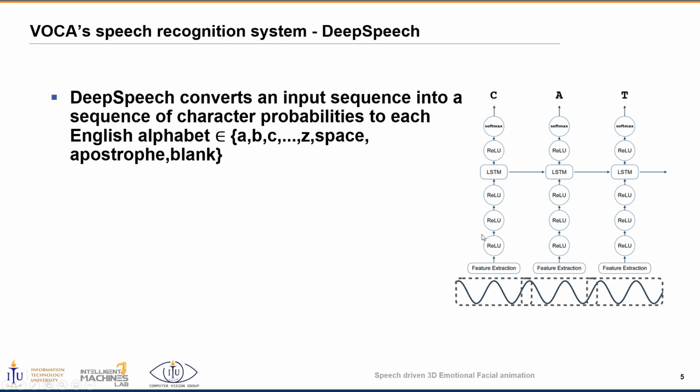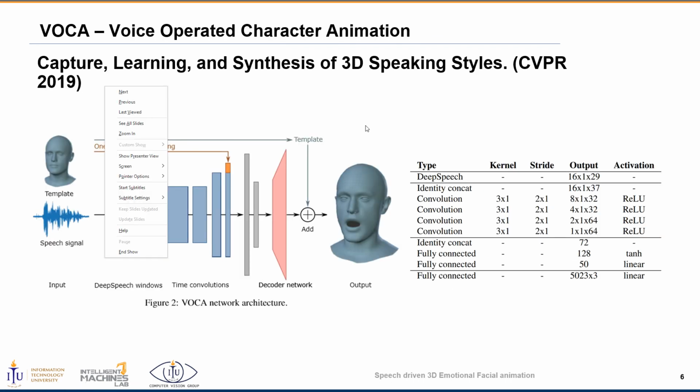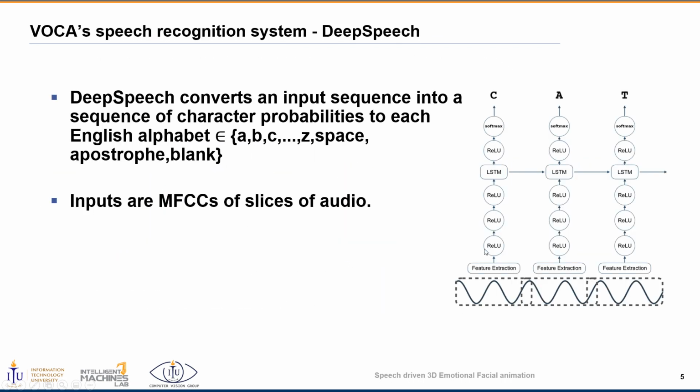For example, here the person is speaking cat, so C has the highest probability, and then A and T. In the feature extraction stage, it extracts the MFCC, mel frequency cepstral coefficients, from that speech slice, and then passes it through 3 ReLU layers, an LSTM layer, a ReLU layer, and a softmax at the end to get the character probabilities at that timestamp.